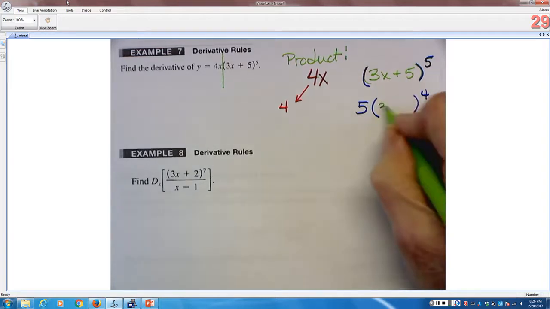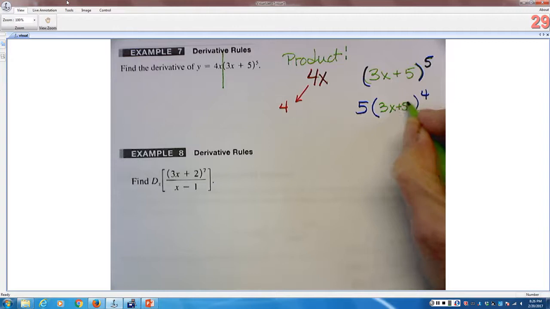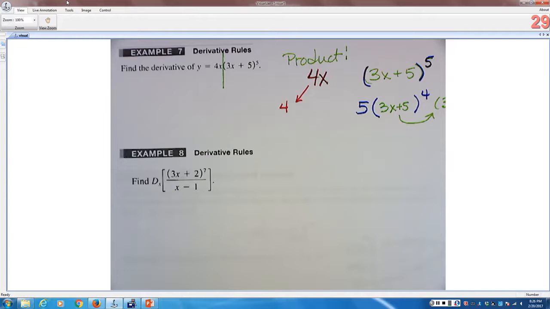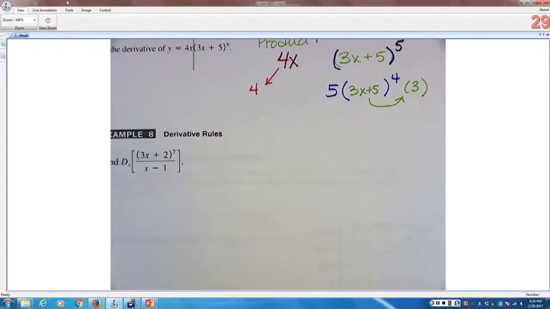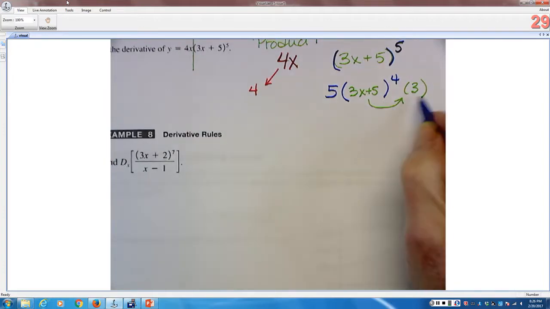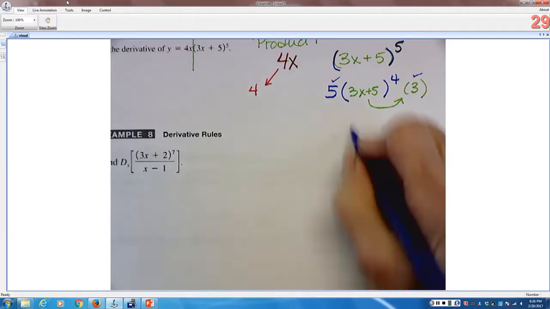Leave the 3x plus 5 inside, but take its derivative and put it on the outside. And keep in mind, on this particular one, that it would probably be easier to say 5 times 3 is 15 when you have to use it.